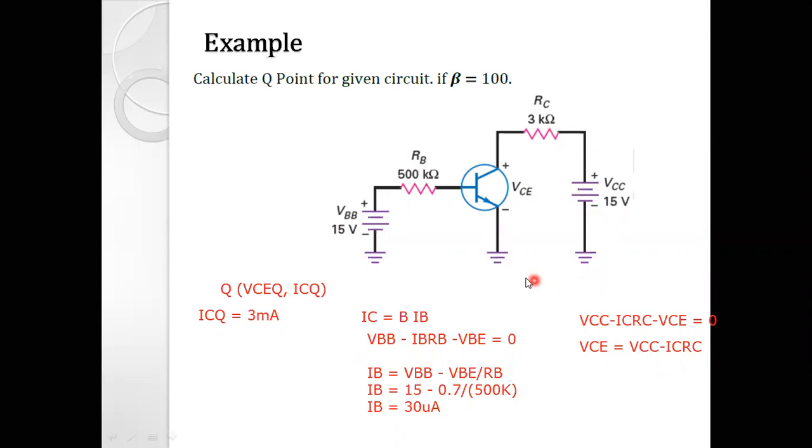When we substitute all the values in this equation, we get the second coordinate of the operating point, which is VCEQ equal to 6 volt, right? So this is the answer for this example: ICQ is equal to 3 milliampere and VCEQ is equal to 6 volt. That is the operating point, the Q point for this circuit.